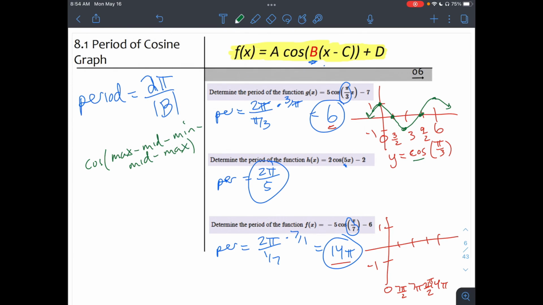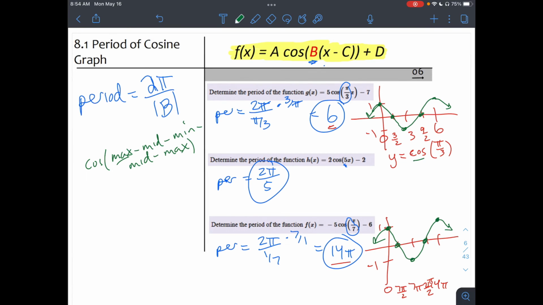And so when we plot our points, we start with a maximum, midline, minimum, midline, maximum. So here is one period of our cosine, and that will just again continue. But that's how, once again, we will use the period of the sine and cosine functions when we're sketching the graphs.